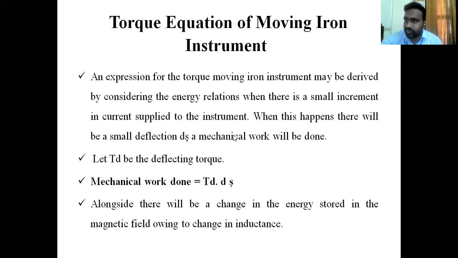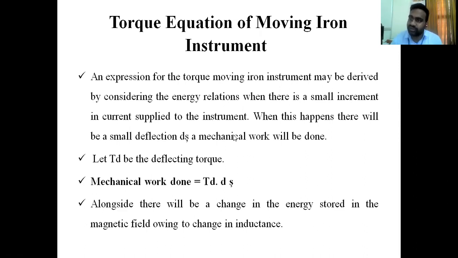Whenever we give supply to the coil, it converts that energy into magnetic flux. So this is nothing but the law of energy conversion. You are giving current or voltage to the electromagnet, and that magnet converts the electric current or voltage into magnetic flux.